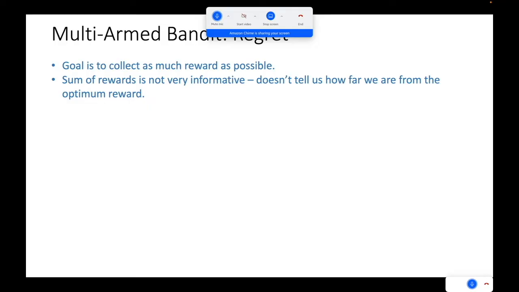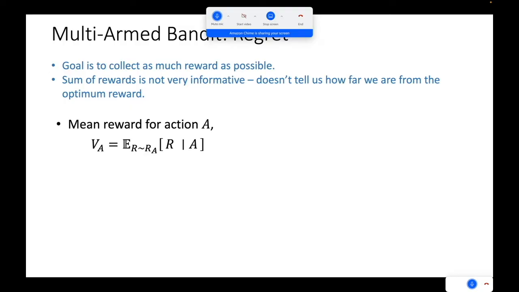What is optimum here? If we knew which arm was the best arm, we could be pulling that arm all the time, right? And that would be my optimum strategy. So just knowing the total rewards that we are collecting doesn't really tell us how close or how far we are from the optimum reward we could have collected.